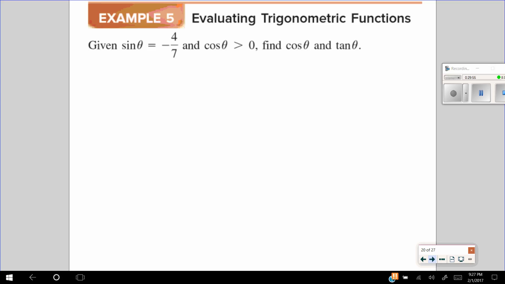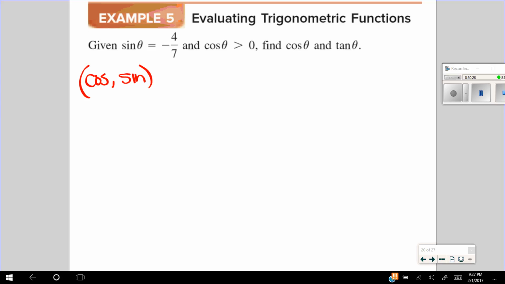The last couple examples here actually give us some ratios. And what we need to know is where are things like sine and cosine and tangent positive or negative? Well, again, you have to remember that in your ordered pair, the x is the cosine, the y is the sine. So in this example, it says that the sine of theta is negative 4/7.